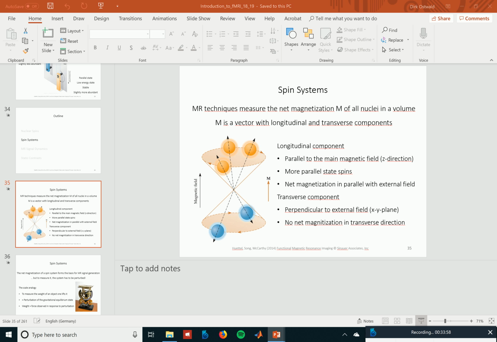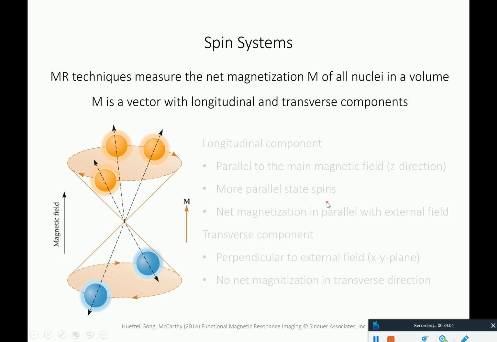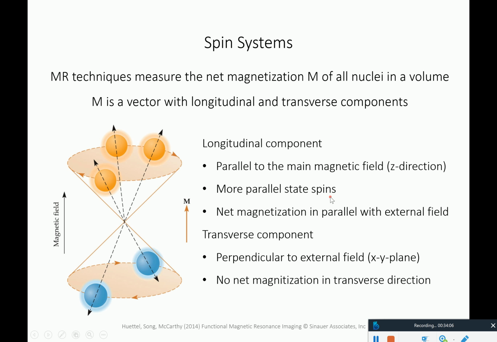In addition to this longitudinal component, there is the xy component that is perpendicular to the external field, so that is in the xy plane, and that's called the transverse component.